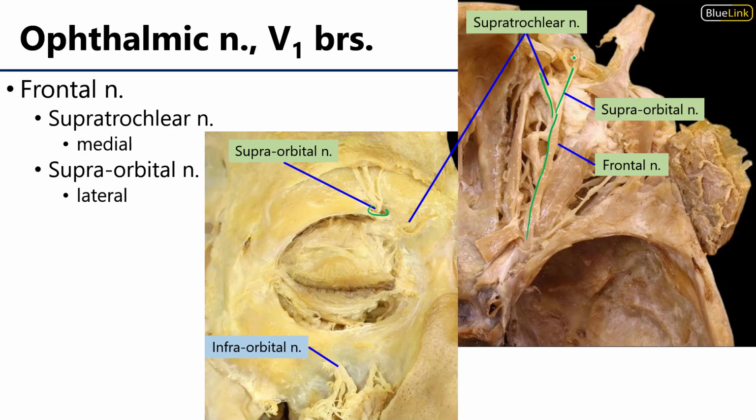And the supraorbital nerve is going to serve the superior palpebra as well as the forehead on the lateral side, whereas the supratrochlear, more the medial palpebra and the medial forehead on that side. We can get a little preview of the infraorbital nerve of V2 there.